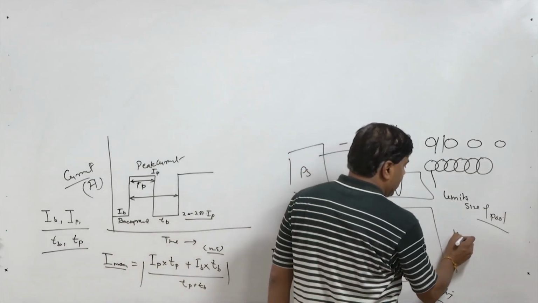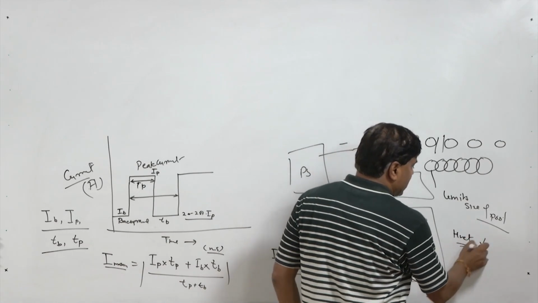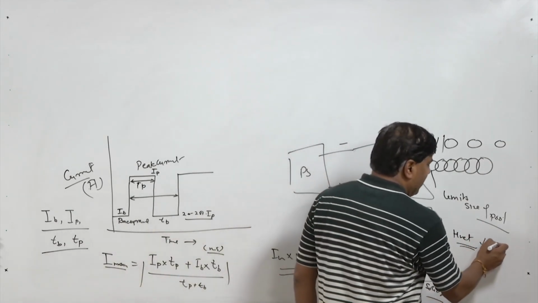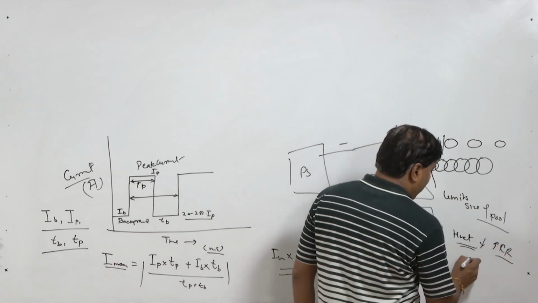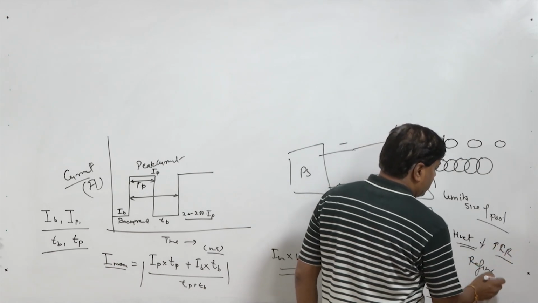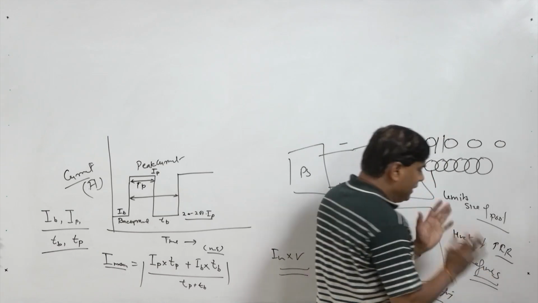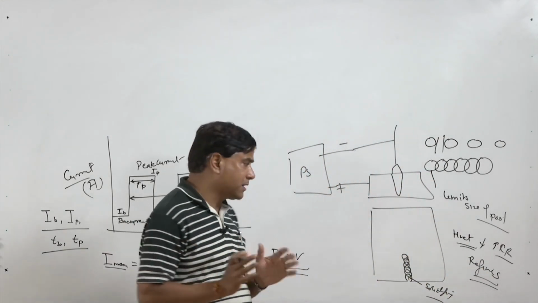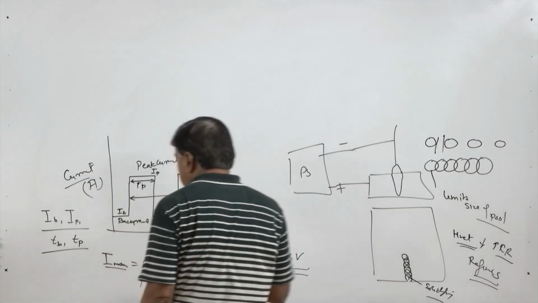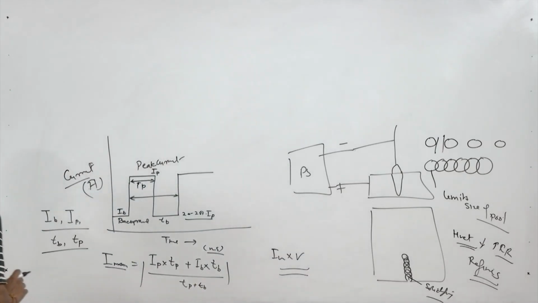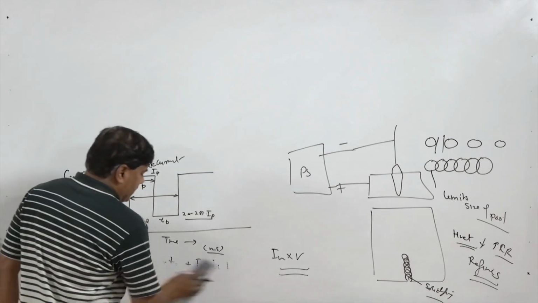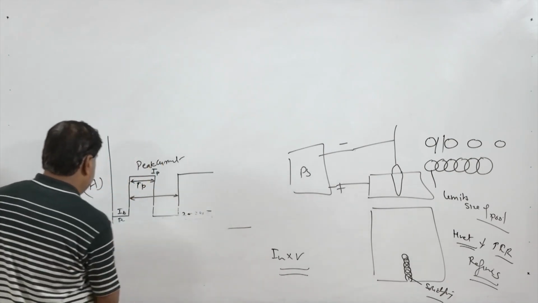So, actually the net heat associated with the process is less, and lower heat input increases the cooling rate, and increased cooling rate refines the grain structure. So, there are two things: one, limiting the size of the pool, and another, refining the grain structure. Both these aspects help in improving the properties obtained by the pulse GTAW process.